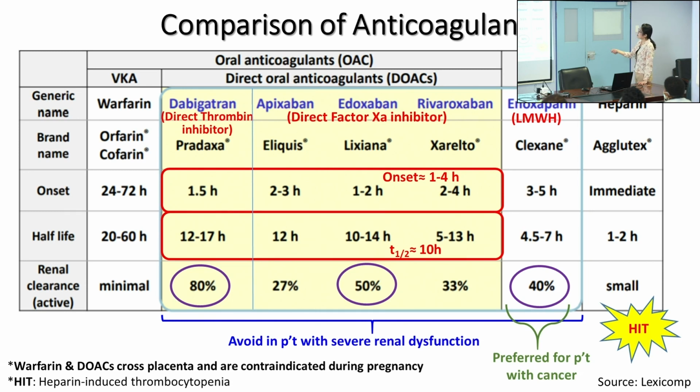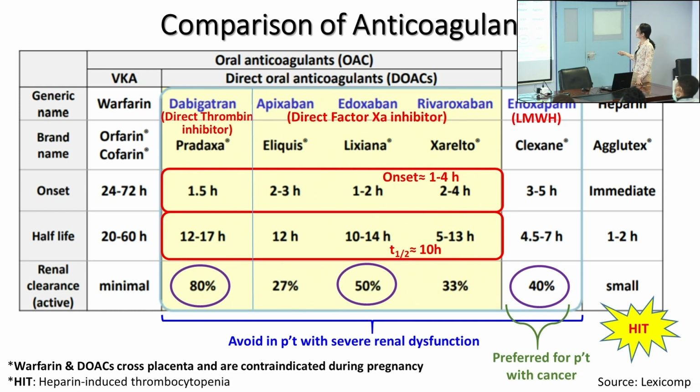However, the downside is that some of the DOACs are largely eliminated by the kidney. Like dabigatran, 80% is eliminated by the kidney, and also edoxaban. So you have to be aware that for patients with severe renal dysfunction, you have to avoid using them.